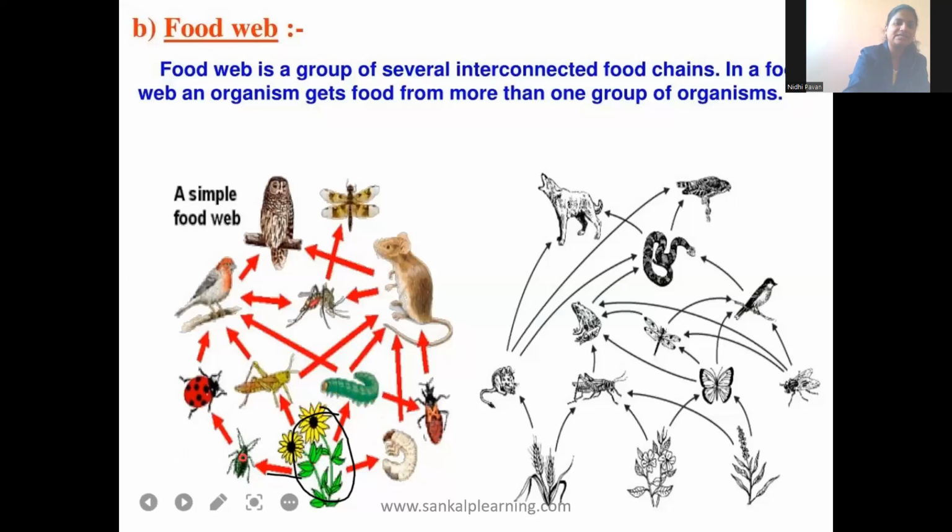Then it is eaten by beetle, and the bird will eat this, and the bird is eaten by owl. The organisms are interdependent on each other, and we can see many food chains. So this many food chains form a food web, right?